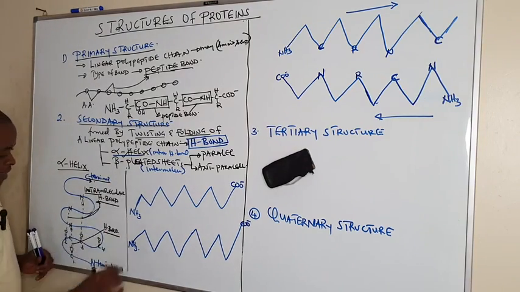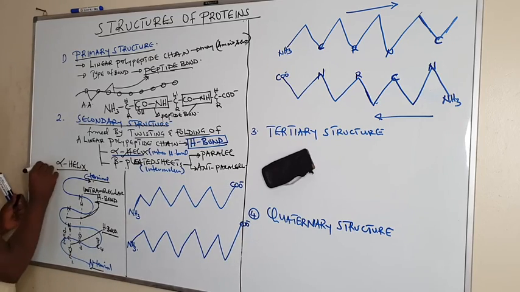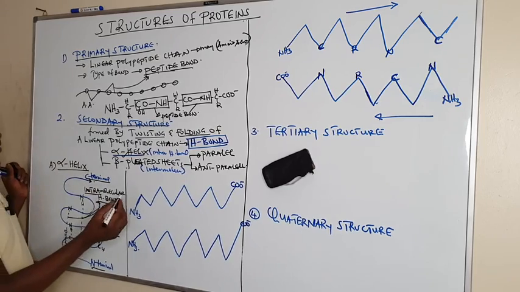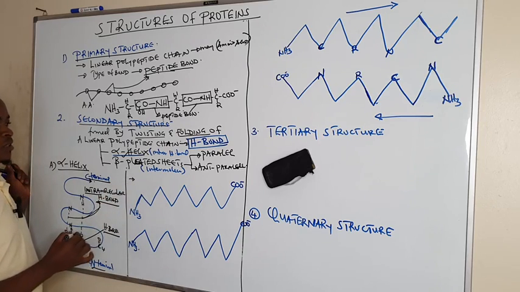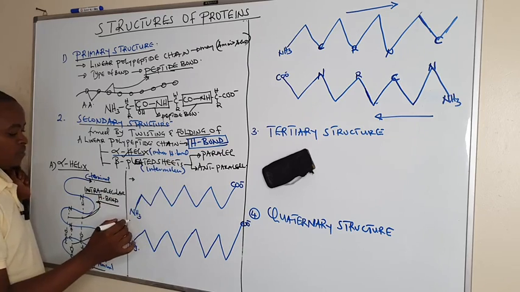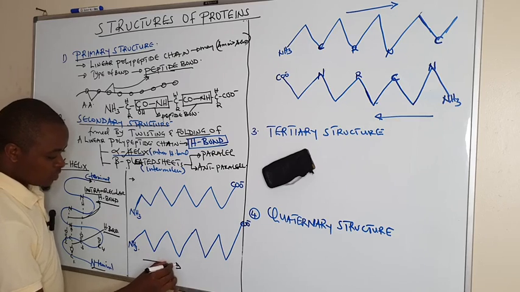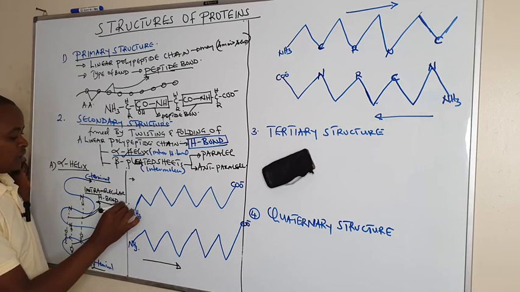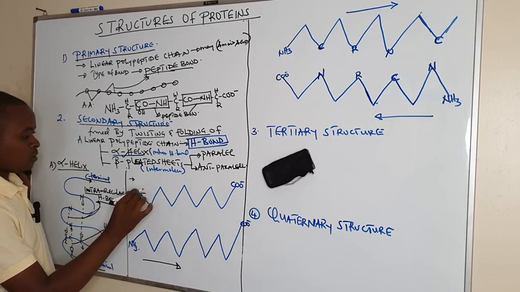Then another structure we can see under secondary, we have alpha helix as one of the structures. Then the second structure we can talk about is the beta pleated sheet. And we said under beta pleated sheet, we can have parallel. Parallel is when all of them are in the same direction. We are seeing this one from N terminal to C terminal.